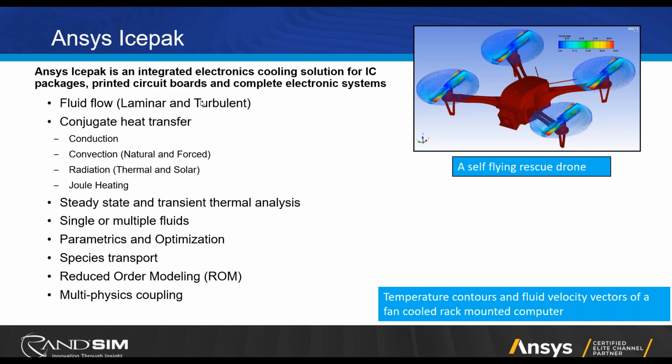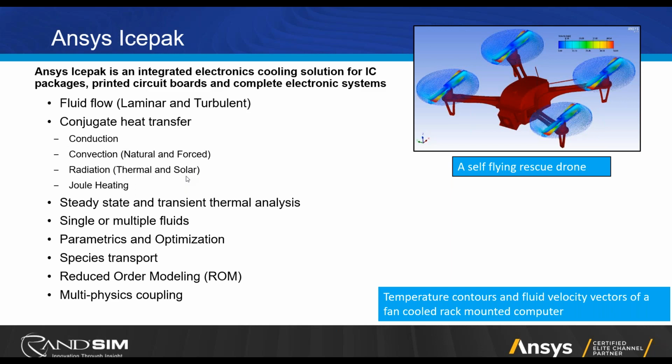Of course, you've got fluid flow needed for convection, think cooling fans and stuff like that. Conjugate heat transfer also composes that as well. So convection, conduction, heat sinks, conduction through your board, through components, and radiation. For bigger designs, this is black body radiation, thermal or solar.